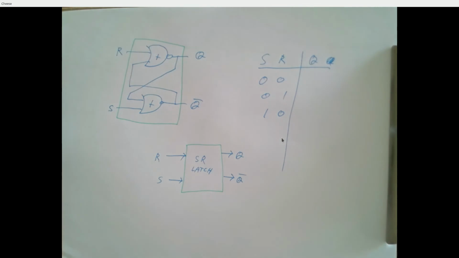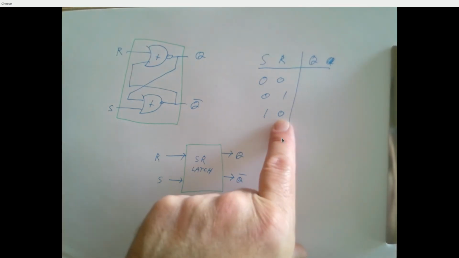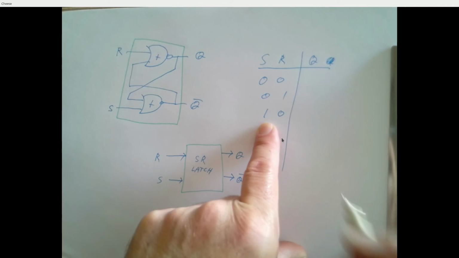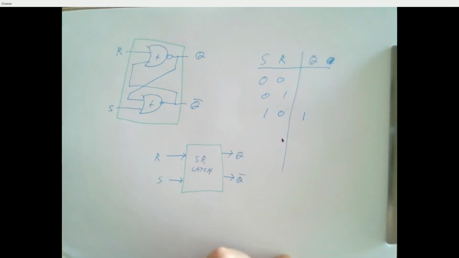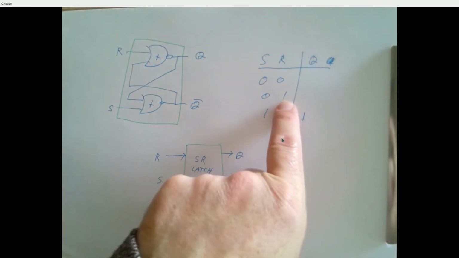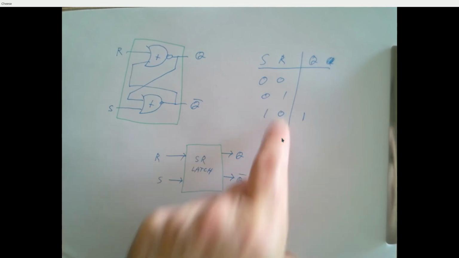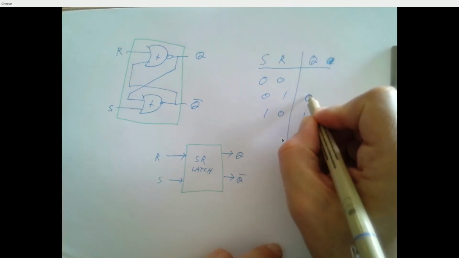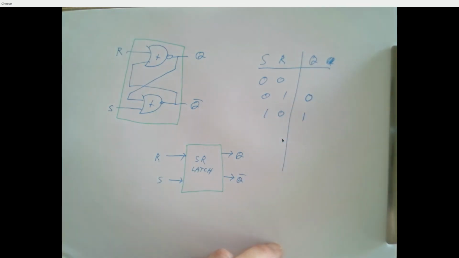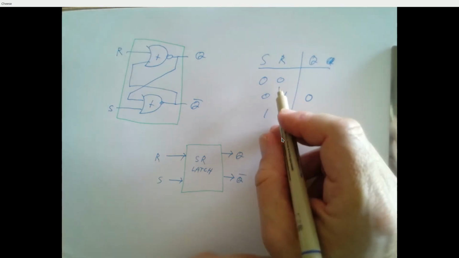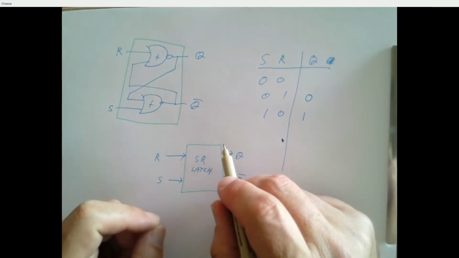So the behavior, if you remember: if S is a 1 and R is a 0, that's the set operation that forces Q to be a 1. If R is 1 and S is 0, that's the reset operation. It forces Q to be a 0. If S and R are both 0, Q does not change.